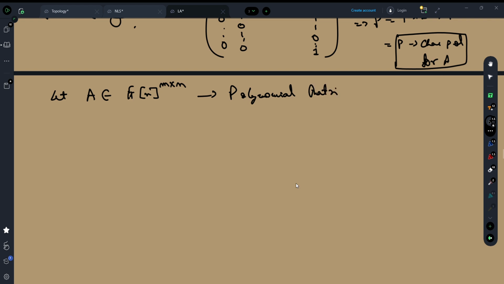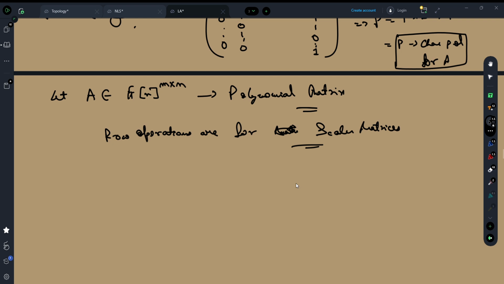We can also call this a polynomial matrix. Now we know what row operations are for matrices over a field, or I should say scalar matrices.